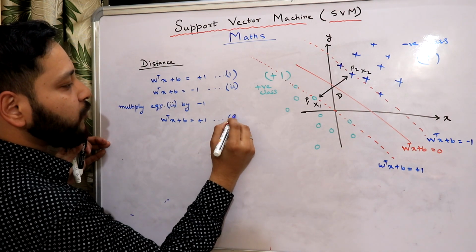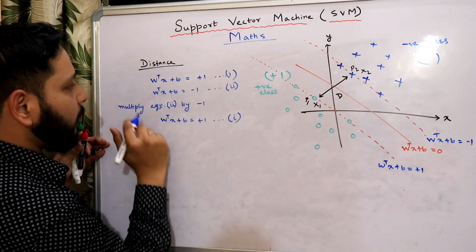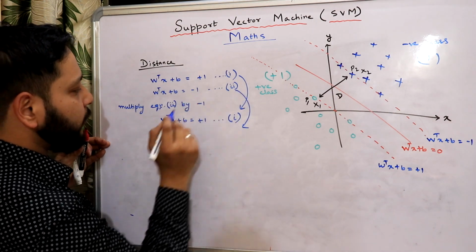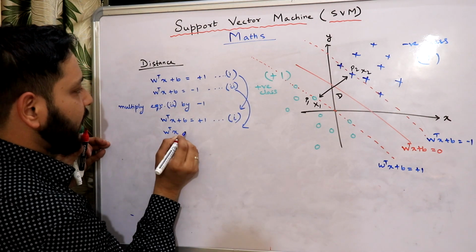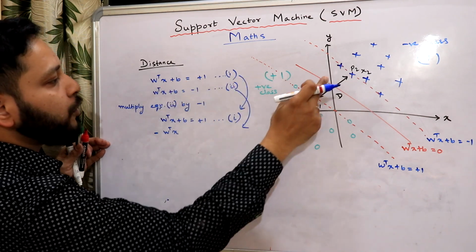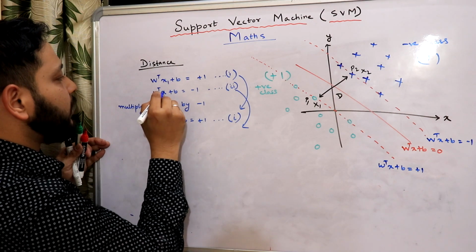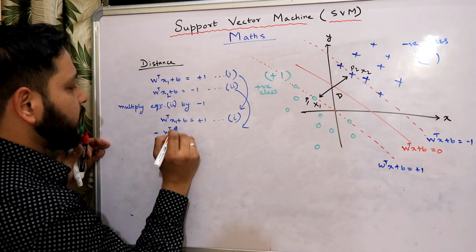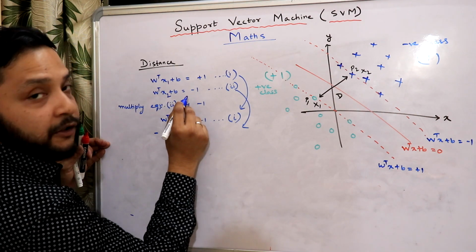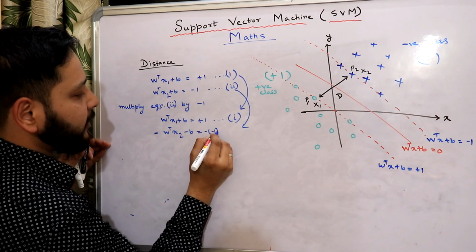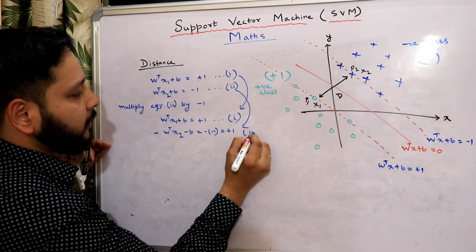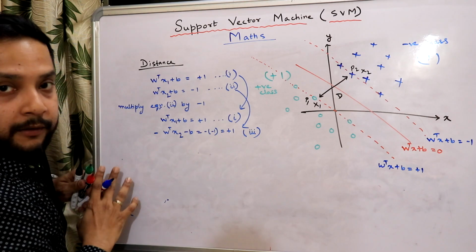And for the other, w transpose of x is multiplied by minus, this is passing through the point x1, this will be x2, so minus w transpose x2 minus b equals minus of minus 1, that is plus 1, which is my third equation, right?